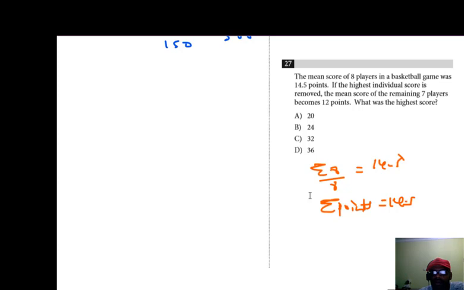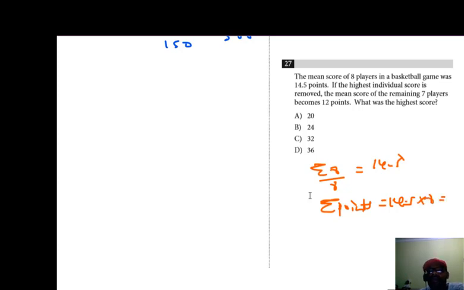Okay, let's move on. The mean score of 8 players in the basketball game was this much. Those 8 players, divided by 8, so the result, the point, is 14.5. So the summation of all points gives 14.5 times 8.